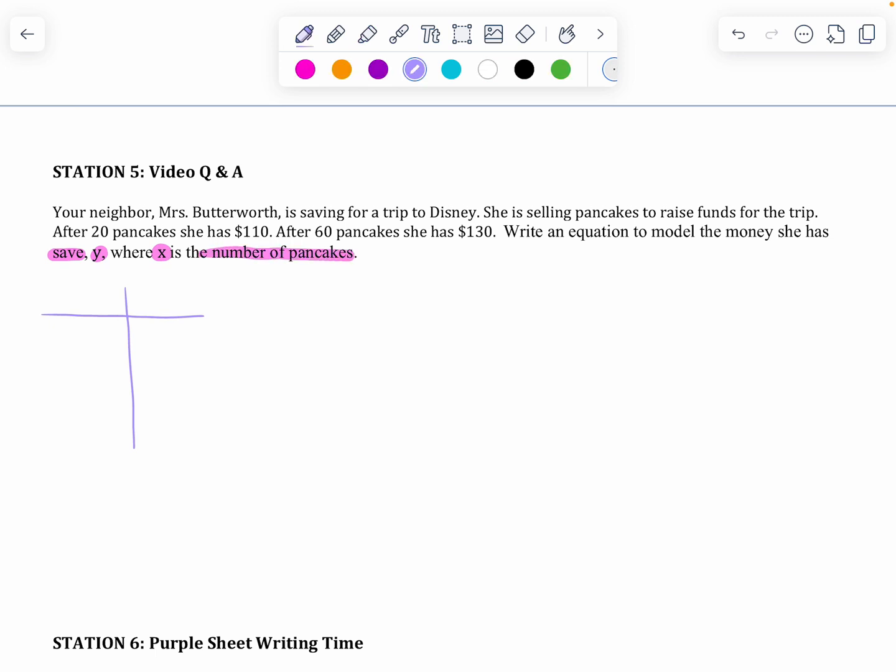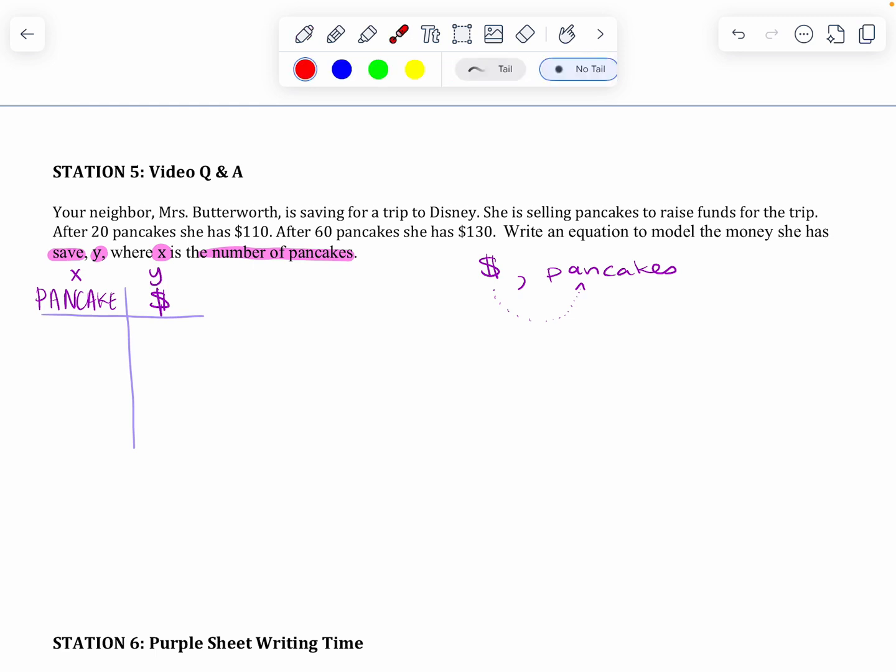So really, to make this story meaningful, I need to put money in there somewhere, and I need to put pancakes. That's the story. There's a relationship somehow between how much money she saves, and that's dependent on the number of pancakes that she's going to sell. So usually we put the independent variable, the pancakes, which is going to control how much money she has. If I want to put words in there, I totally can, and then I'm going to label it X, Y because that's always alphabetical.